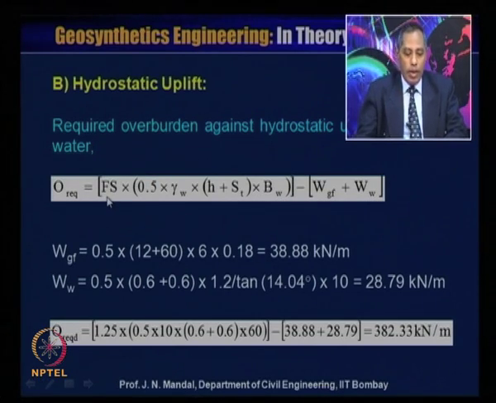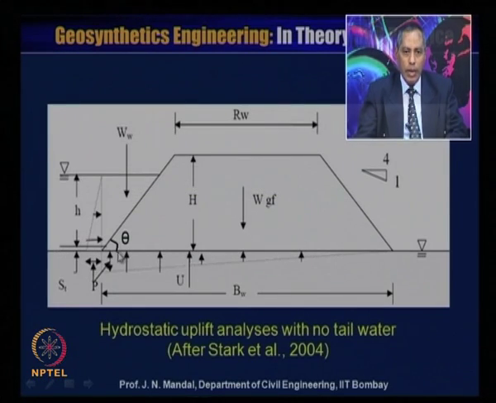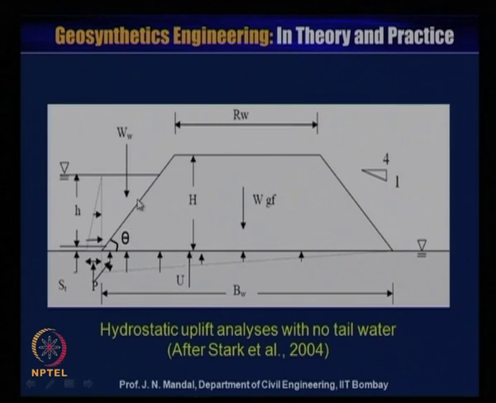Here I am showing you what H is and what St is. You can see here the hydrostatic uplift analysis with no tailwater after settlement. This is the road width, Rw, and this is the bottom width, Bw.